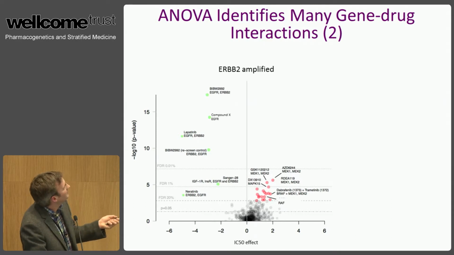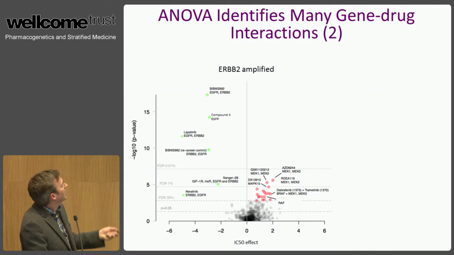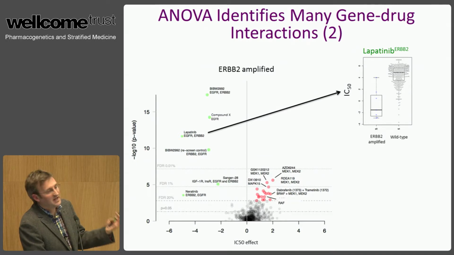And what you find is that through this unbiased screening approach, we pulled out a number of different drugs that target EGFR and ERBB2. So again, this is largely what's expected, but in this very unbiased way, we're able to pull out many different drugs that target this. We can then dig a little bit deeper and try and understand the data that underpins that.